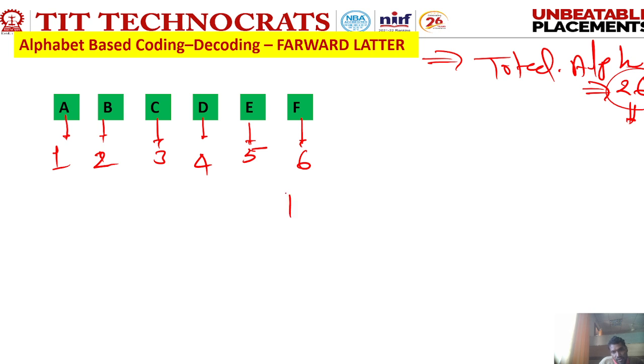F looks like a water image of the number 6, and if you change its design a little, it resembles a 6. So F's forward number is 6.